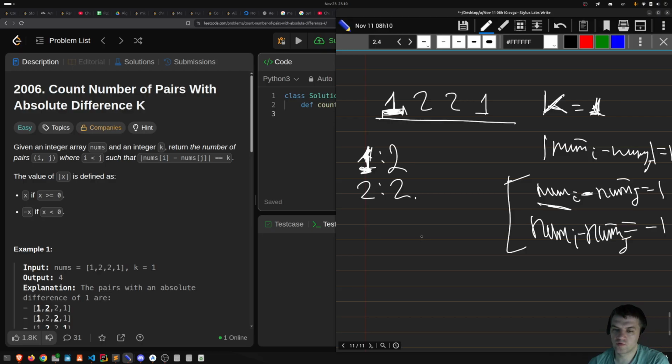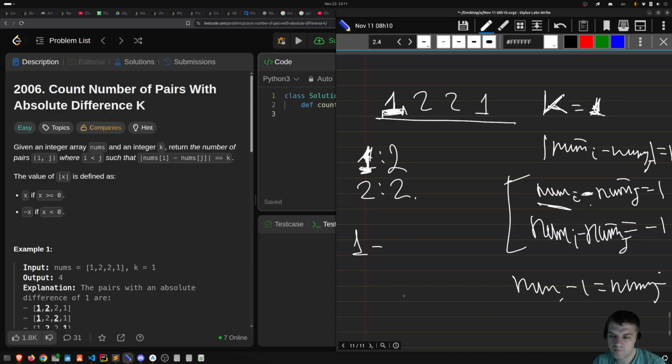If I have 2 ones, then say num minus 1 equals num j. So for the current one, I need to subtract 1. So 0 doesn't have it.